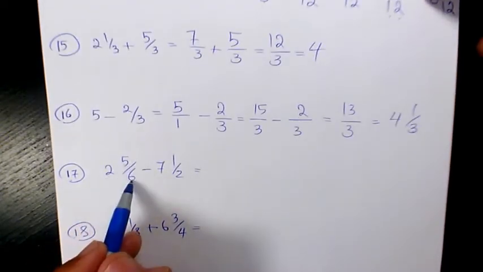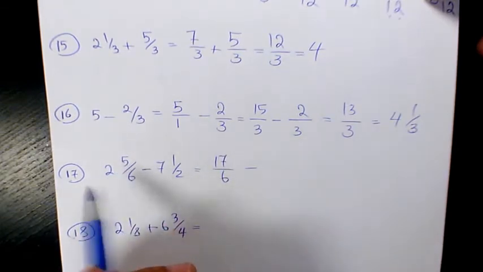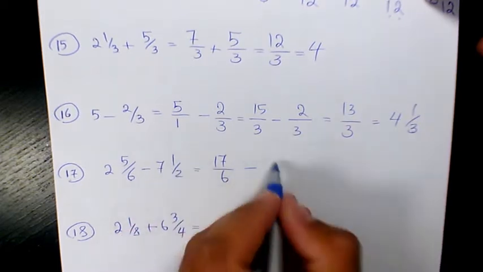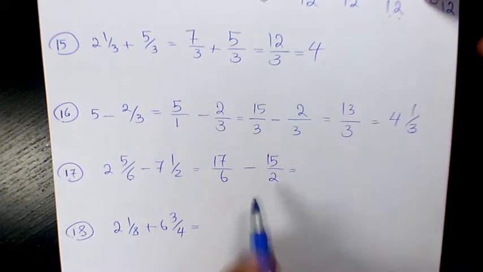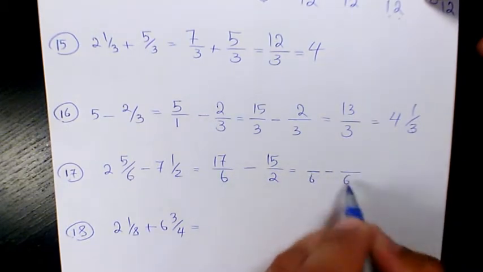2 5/6. It's going to be 2 times 6, 12, plus 5, 17 over 6, minus 2 times 7, 14, plus 1, 15 over 2. The common denominator of 2 and 6, LCM is going to be 6.